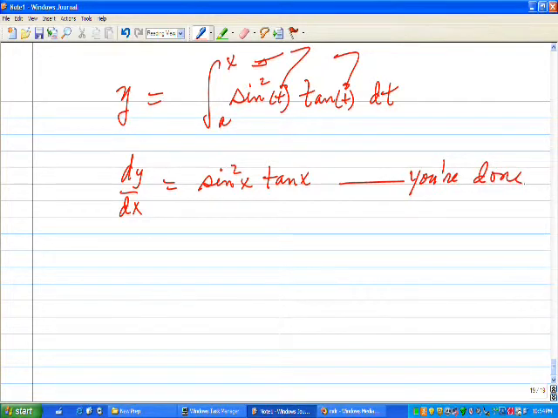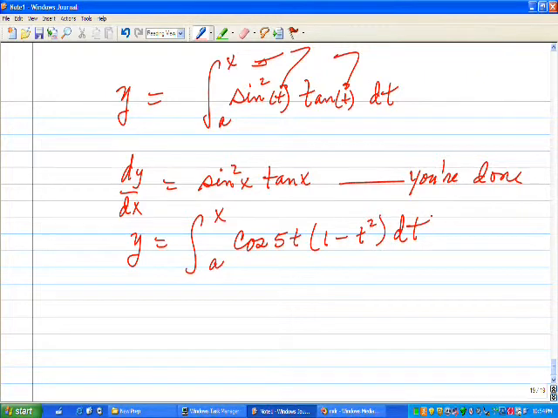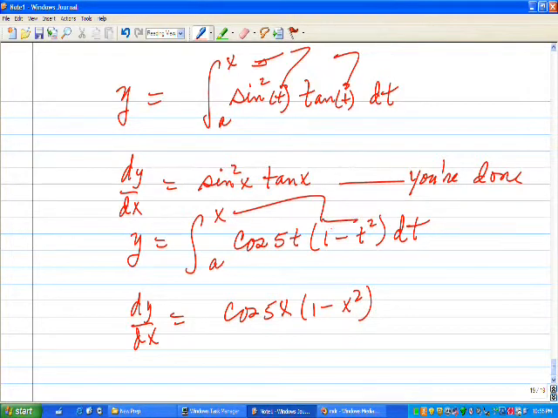But suppose you had y equals the integral from a to x of, let's say, cosine of 5t times 1 minus t squared dt, and you wanted to calculate dy dx, you get simply cosine of 5x times 1 minus x squared, and you're also finished. You put the x everywhere you see a t.